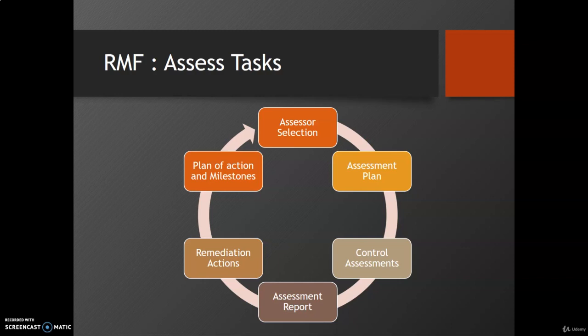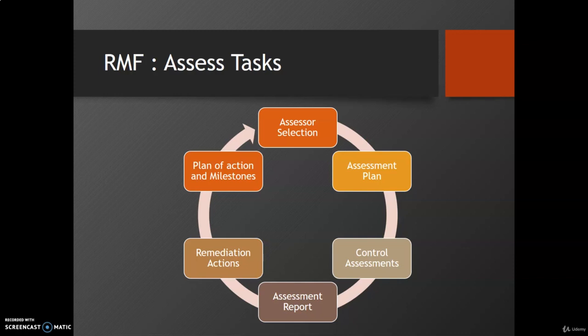The plan of action and milestones includes the tasks, the recommendation for completion before or after system authorization, the resources required to accomplish the tasks, milestones established to meet the tasks, and scheduled completion dates for the milestone tasks.